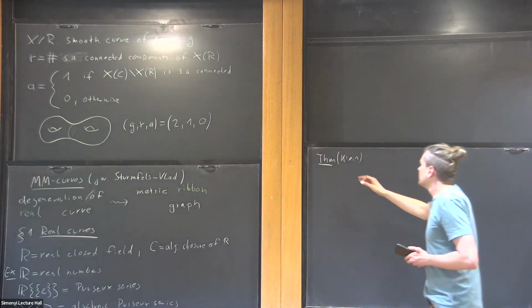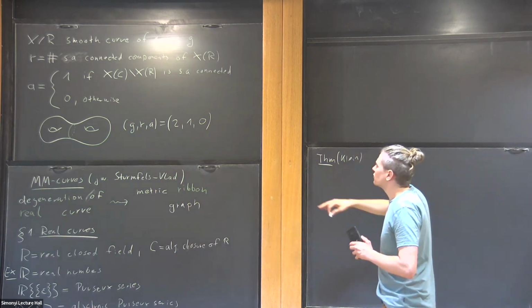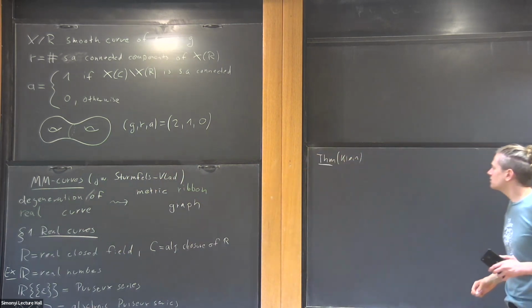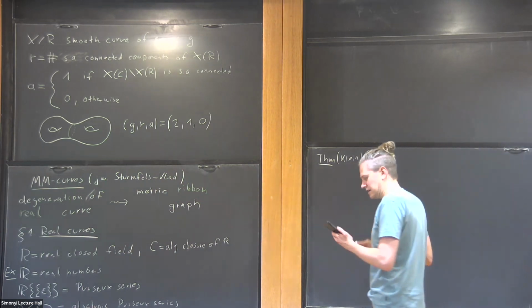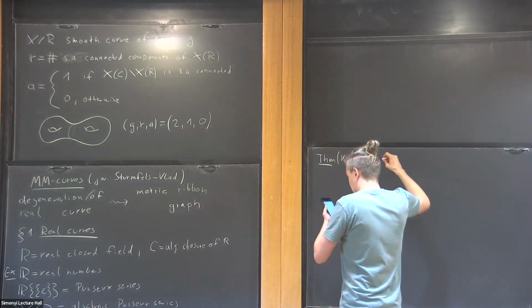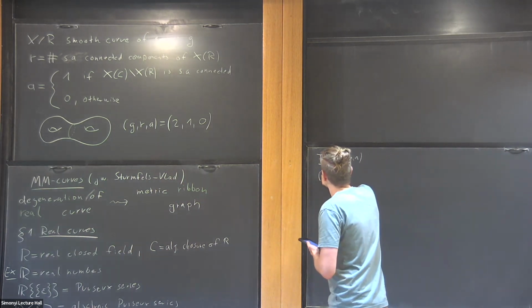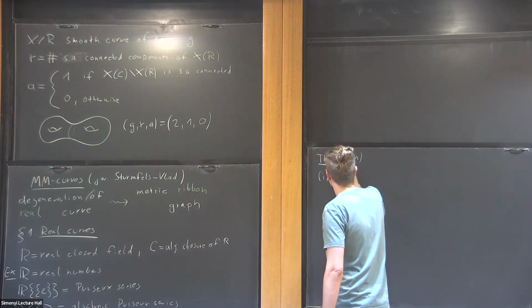This goes back to Felix Klein, of course, over the usual real numbers. Then it's the same over every real closed field. So there are some constraints.